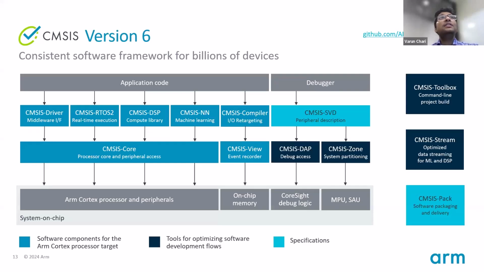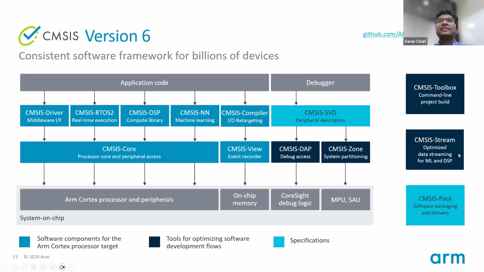They don't have to learn different APIs from different silicon providers. They can use the standardized APIs to interface with the peripherals and the code. And on top of that, CMSIS provides various command line and project build tools.